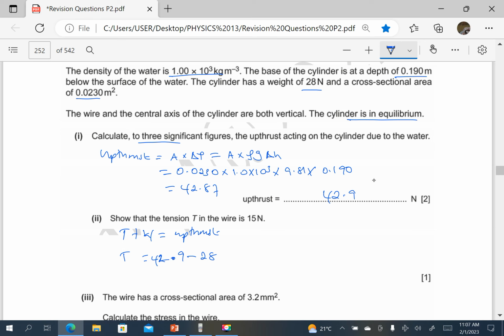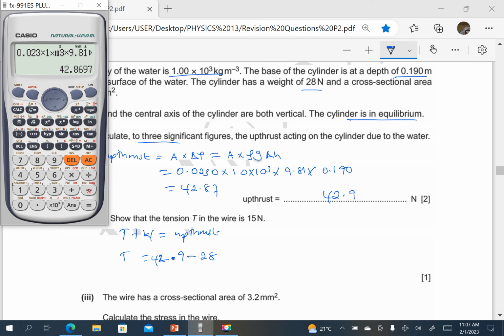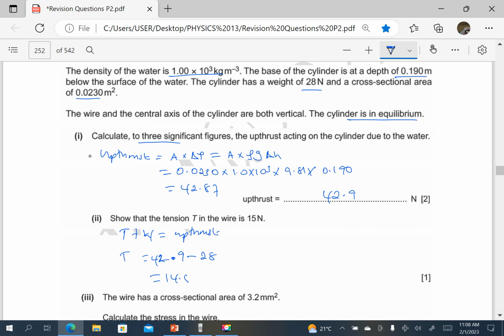That is 14.87, which is approximately 15 newtons.